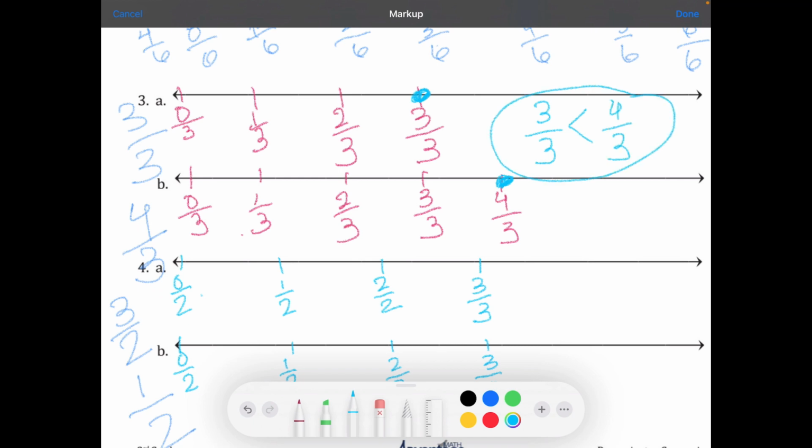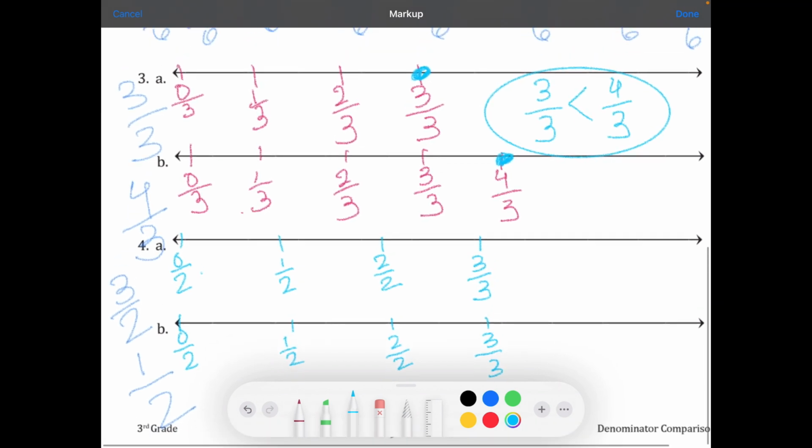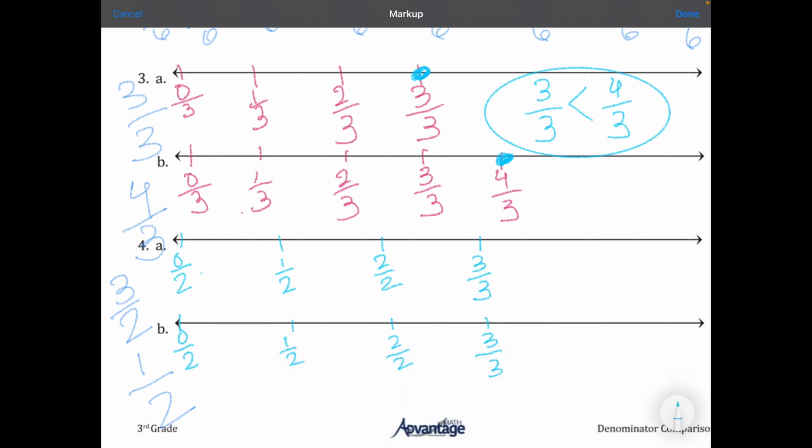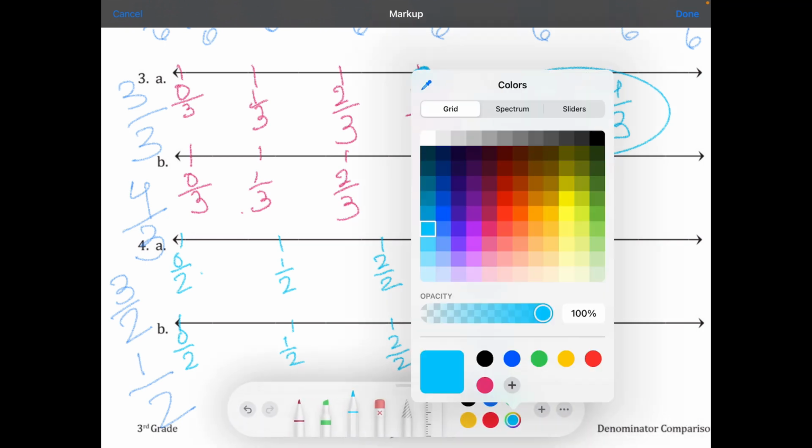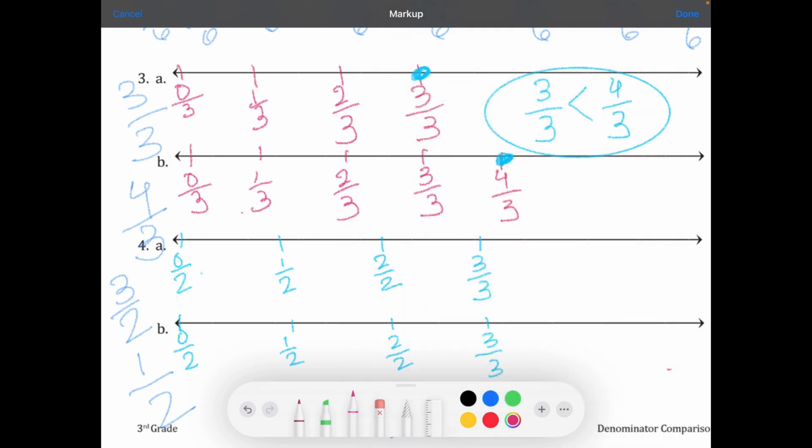Okay, so hopefully you were able to see that. Now, down here at the bottom, we have 3 halves and 1 half. I switched my color up here so it's easier to see.